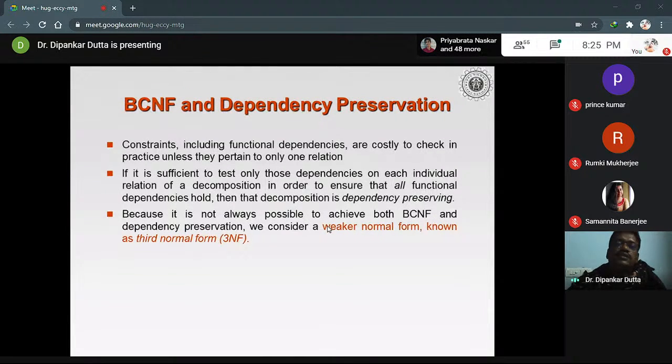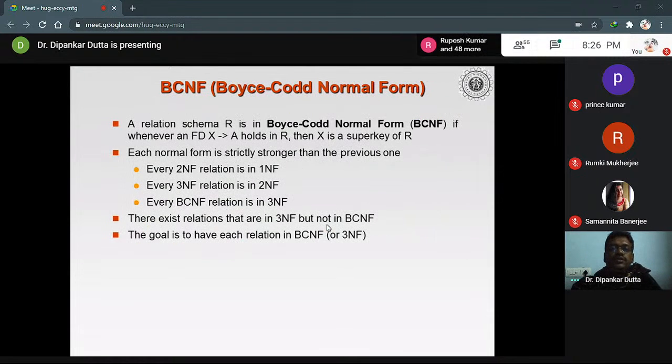In gist, in order to achieve BCNF, if we divide further, we may lose some dependency. So sometimes we cannot achieve BCNF, and we can achieve up to third normal form. Third normal form is a weaker normal form.